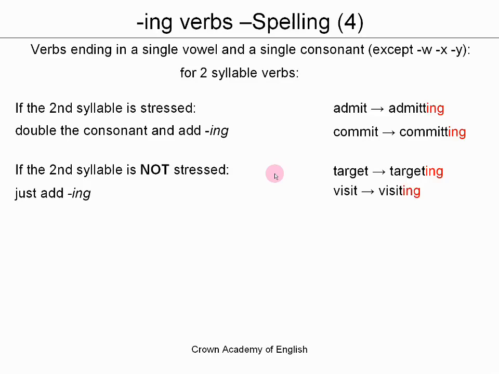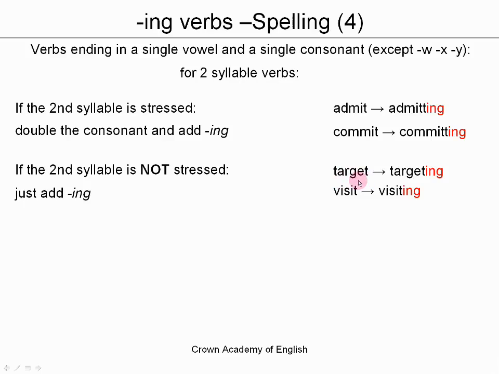So, for example, here we have a single vowel at the end, single consonant at the end. We have two syllables, tar, get, and both syllables are equal. Target. Or in fact, it's the first syllable. If you listen carefully, it's the first syllable which is stressed slightly stronger than the second syllable.